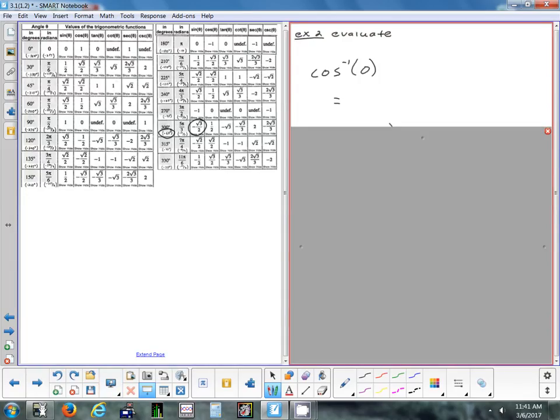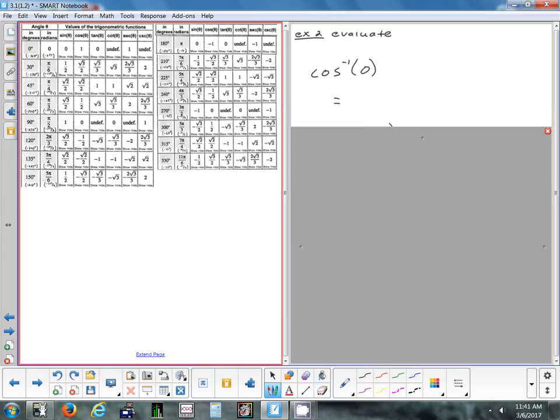Inverse cosine of 0. So just make sure you're in the right column. Don't be in the sine column. This time you want to be in the cosine column. Okay, first question.